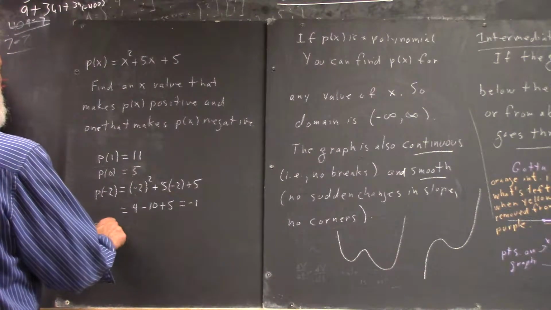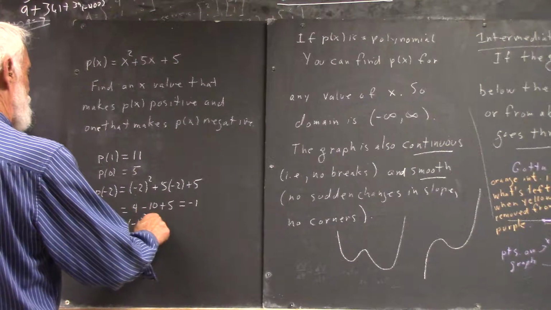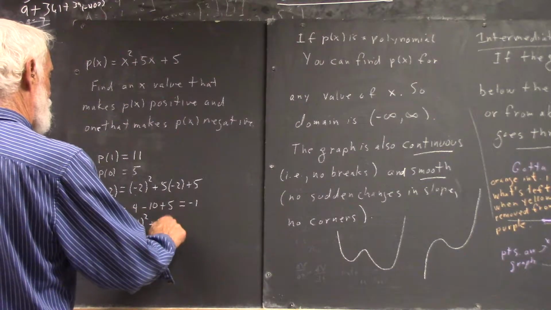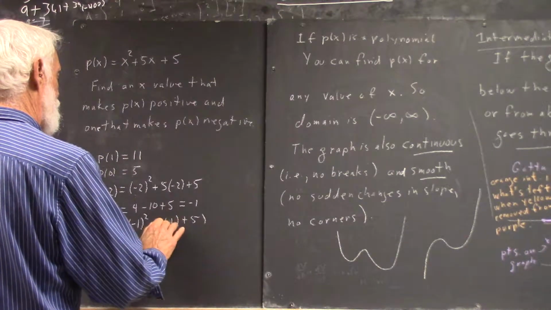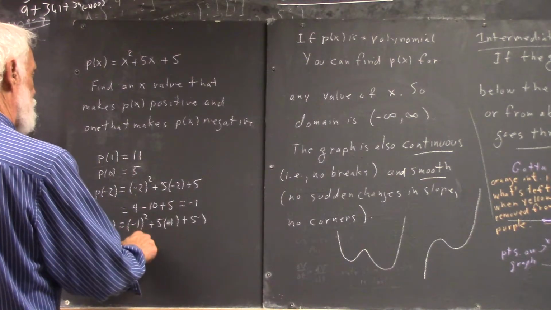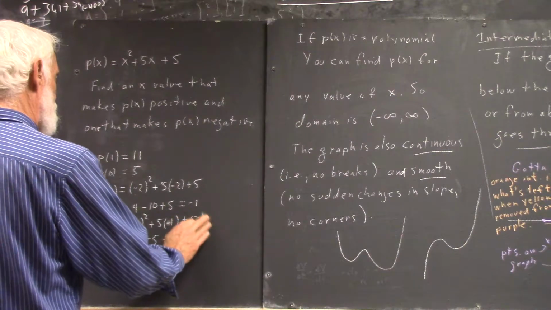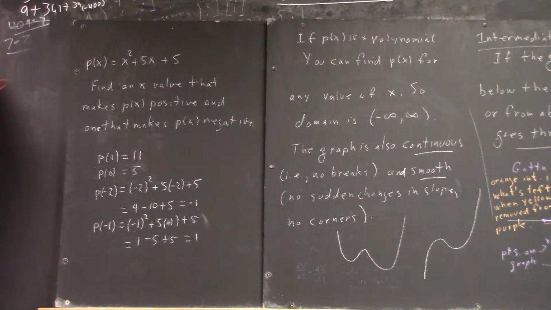And it looked good because you're doing the right thing, but your execution was a little bit off, because when you square -1, you get 1, so that's 1 minus 5 plus 5, which equals 1, right? Okay?